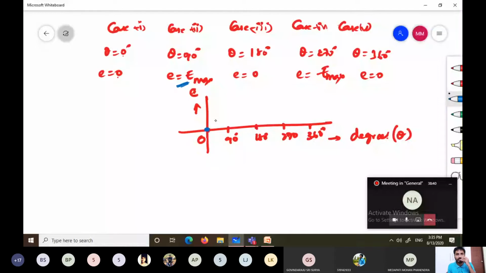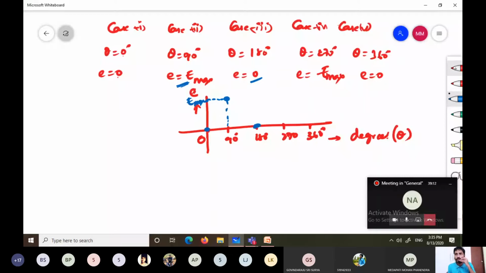Locate at 90 degrees and draw the lines until it meets the point. Next, at theta equals 180, the value is again 0. At theta equals 270, you are getting a negative maximum.